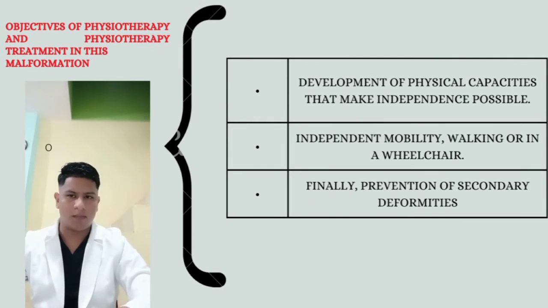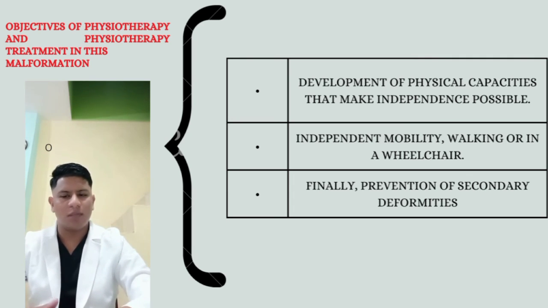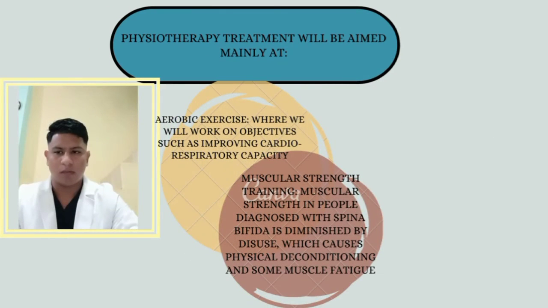Objective of physiotherapy. Physiotherapy treatment is for the malformation. The objective of physiotherapy treatment will be to develop a physical capacity that makes independence possible, independent mobility, walking or the wheelchair. Finally, prevention of secondary deformities. Physiotherapy treatment.